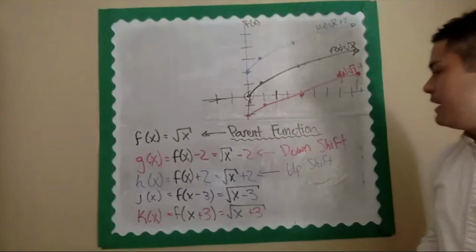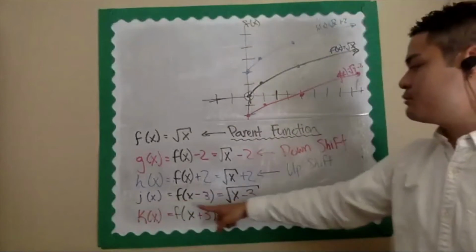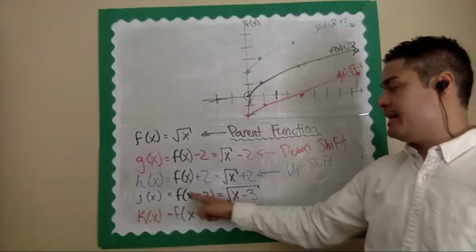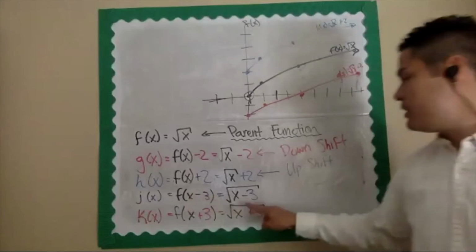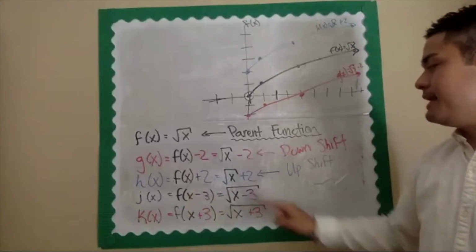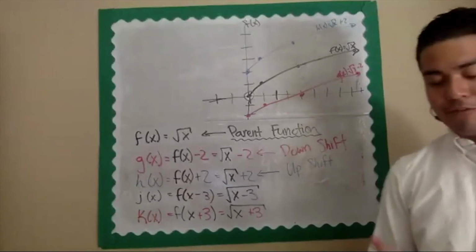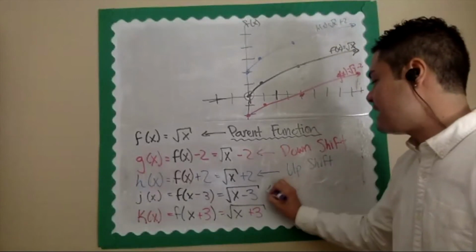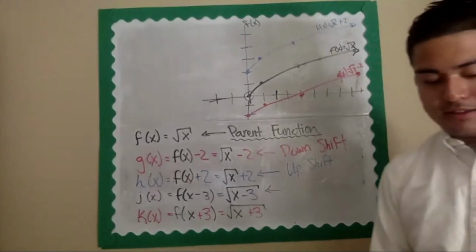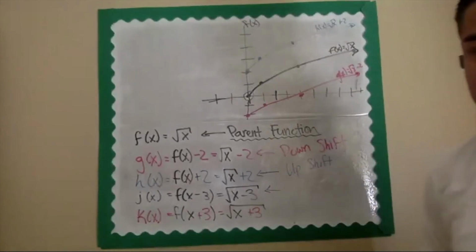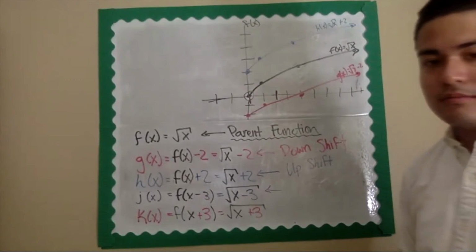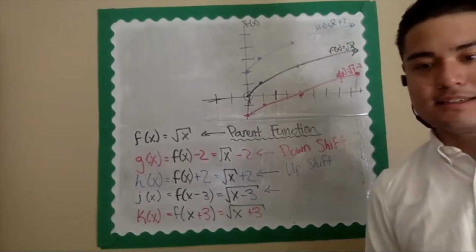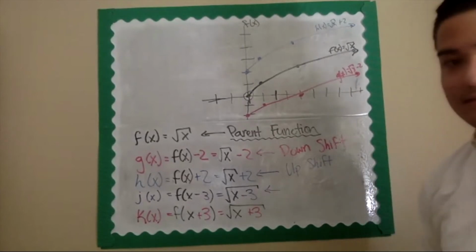Okay, now j of x is when I have f of x minus 3 on the inside of the parentheses. So I'm doing the square root of x minus 3 inside the square root. If we're subtracting inside the function, inside, how is it shifting? Left or right? Minus and the inside.